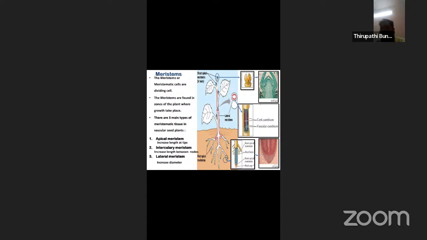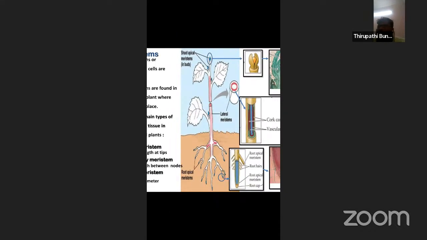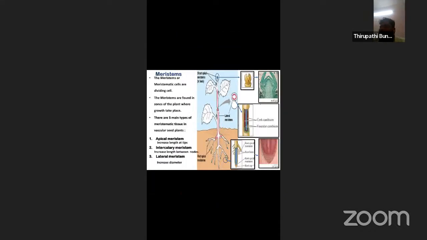The final one is lateral meristem. Lateral meristems increase the diameter of the stem. See the diagram. These are the meristematic tissue types: apical, intercalary, lateral.